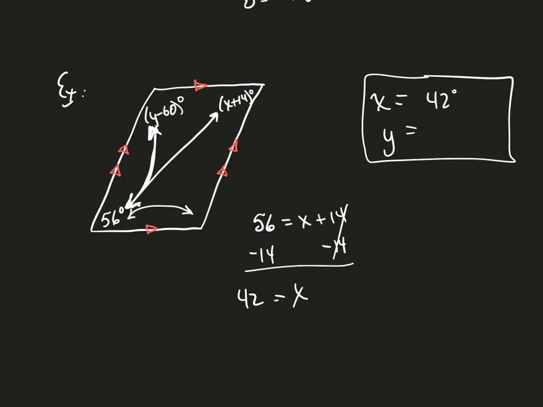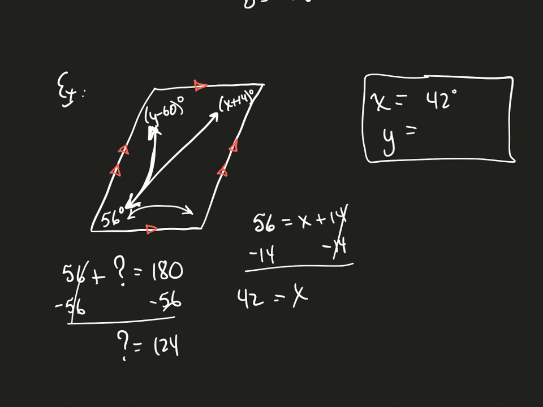So this lower right-hand angle. Again, the idea is any consecutive angles are supplementary. So 56 plus the missing one has to add up to 180. So therefore, we can move 56 to the other side by subtraction. And so our missing angle then must be 124.